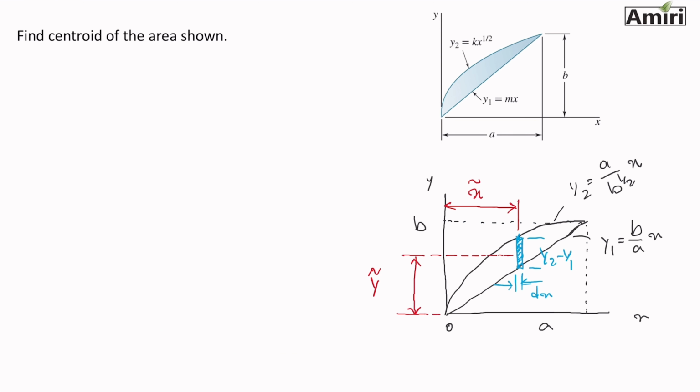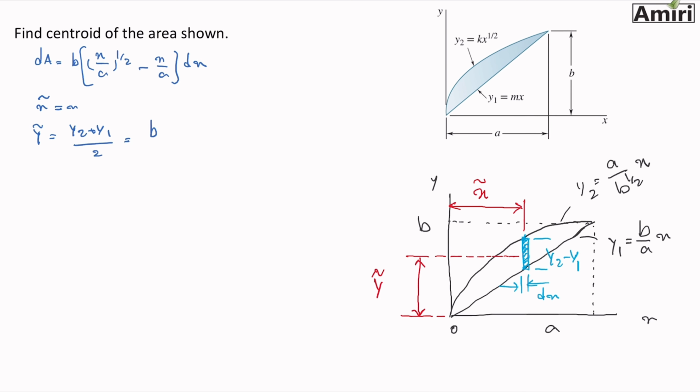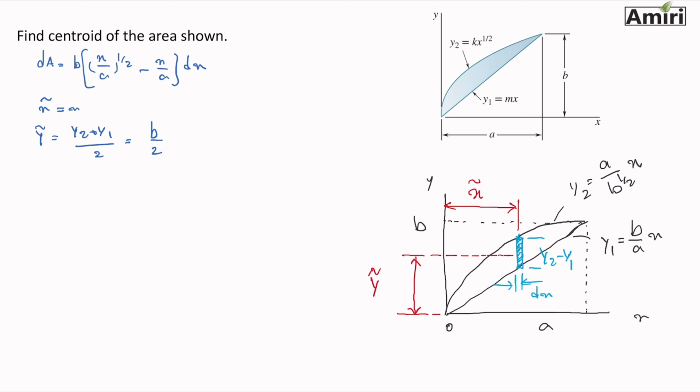Here I have redrawn this previously, so let me remind you of dA here quickly. dA is as above, x tilde was x, y tilde is y2 plus y1 over 2, which if you do substitution, you are going to get b over 2 times x over a to the power of half plus x over a.